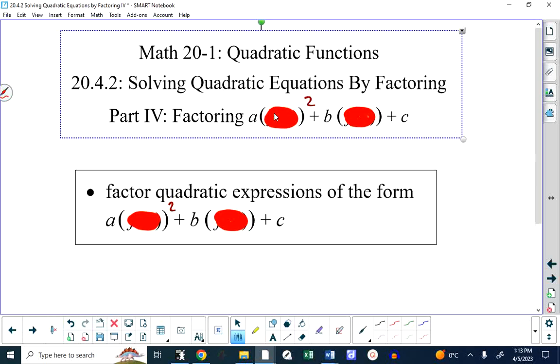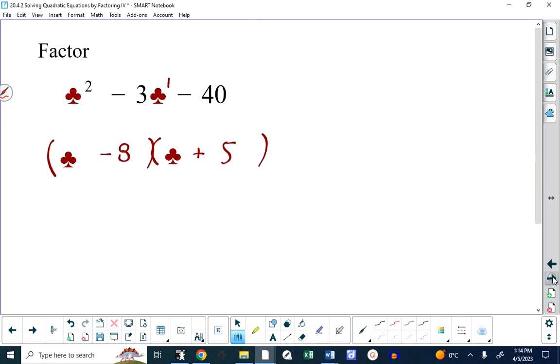That thing could be x squared. Think about that for a second. That red thing could be x squared. In other words, the first term will contain an x to the 4. It could be anything, as long as the first term has something squared and the second term has that thing to the 1.